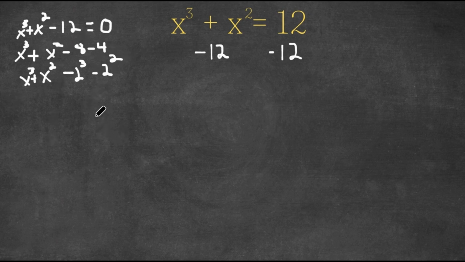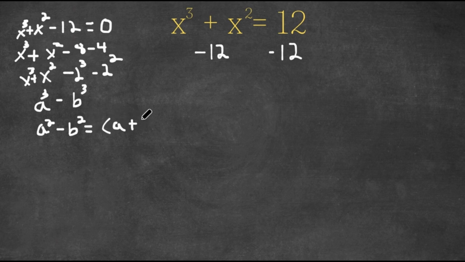And now, two important properties are a to the power of 3 minus b to the power of 3 and a squared minus b squared. Now a squared minus b squared is simply equal to a plus b times a minus b.